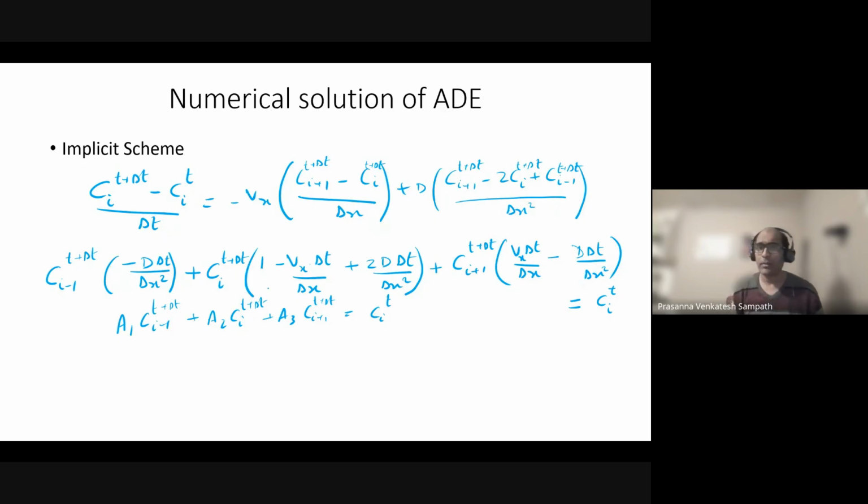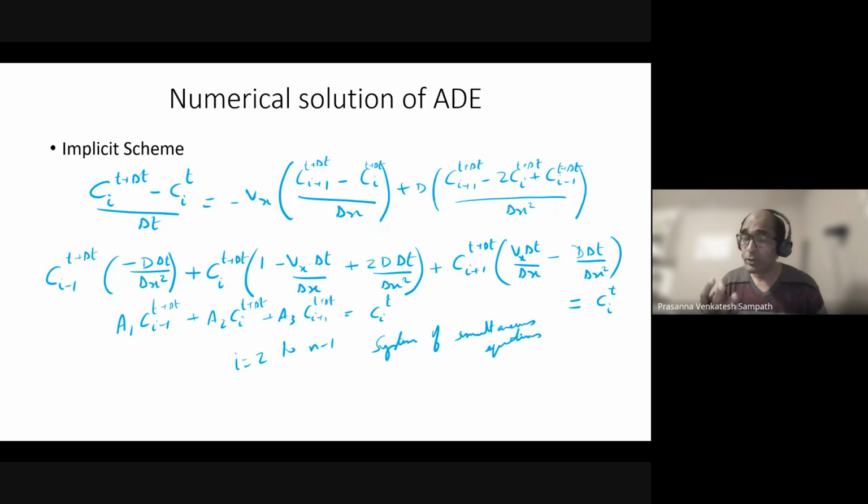So what will happen is you can write this whole thing as a system of simultaneous equations, right? From i equal to 2 to n minus 1, you will get a system of simultaneous equations.